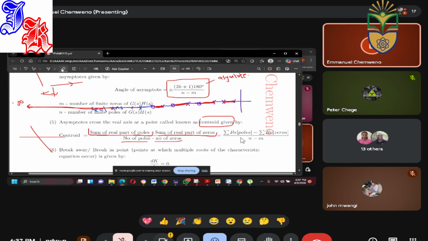Because these are asymptotic lines, there is a point along the real axis known as the centroid. These asymptotes are basically angles, so they make angles with the real axis, given by this.